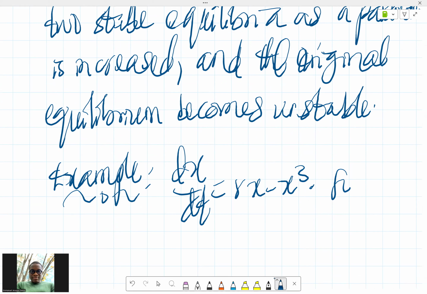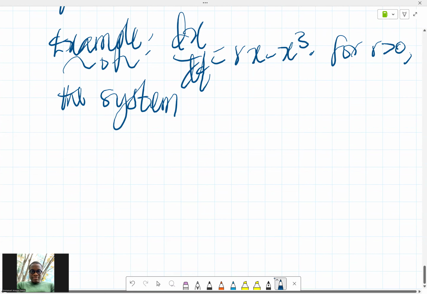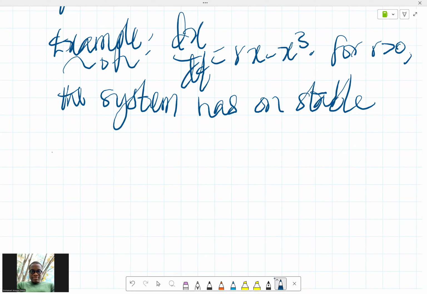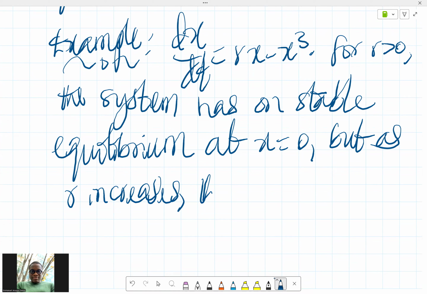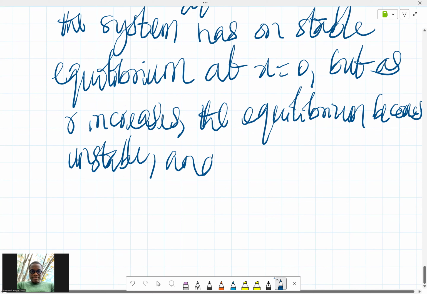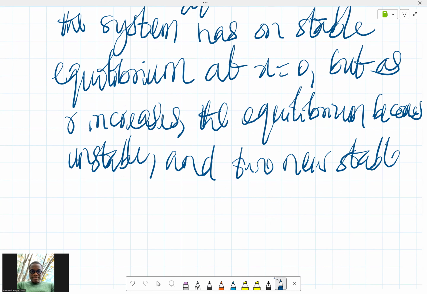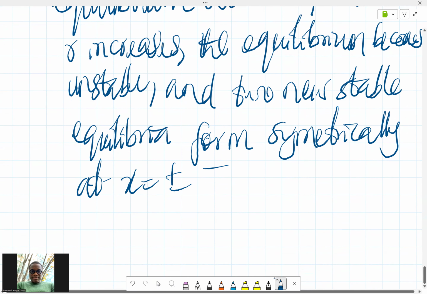With this, for r less than 0, the system has one stable equilibrium at x equals 0, but as r increases, the equilibrium becomes unstable, and two new stable equilibria form symmetrically at x equals plus or minus the square root of r.